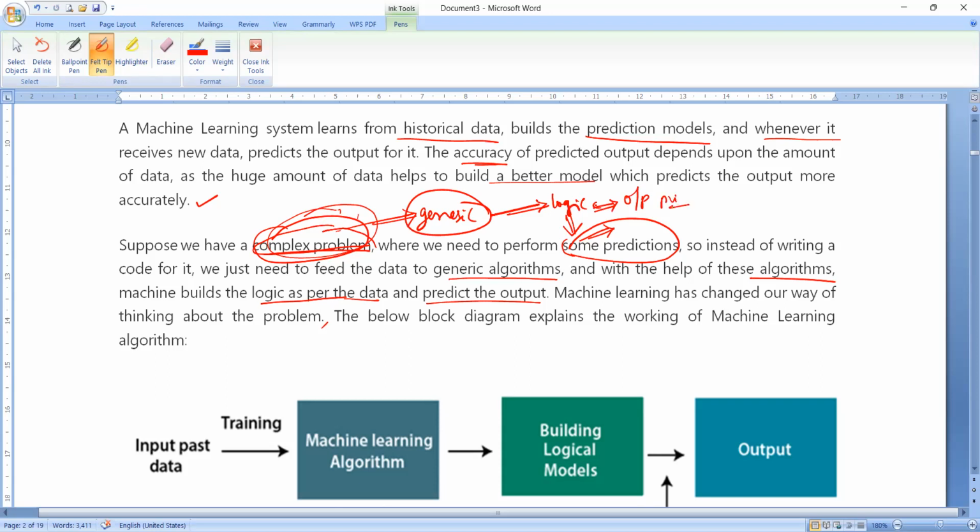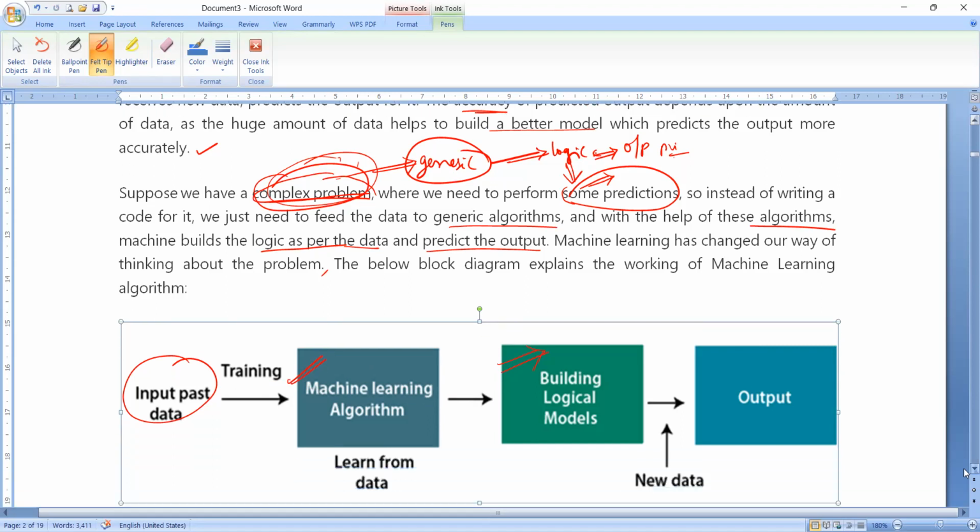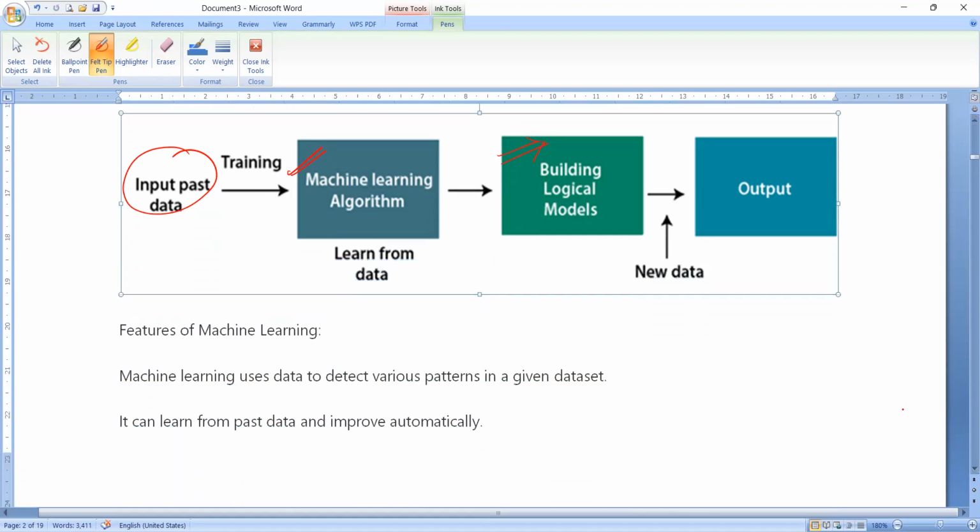This is the working. Here, this is the input data which we are providing to the machine learning algorithm, and these algorithms build logic models, and based on the logic models the output will be predicted. This machine learning algorithm learns from the data we are providing, and wherever new data is found, it is handled using the logical models built.